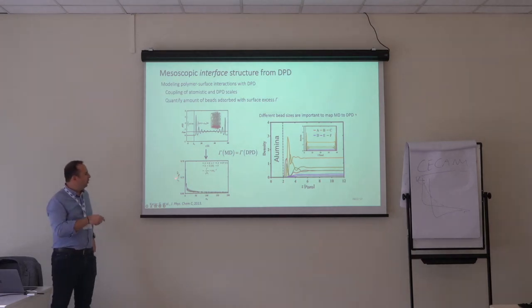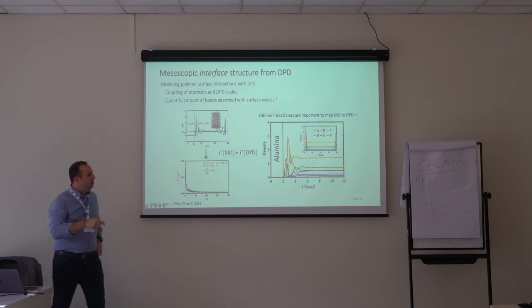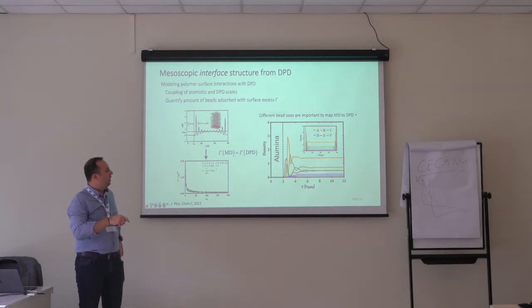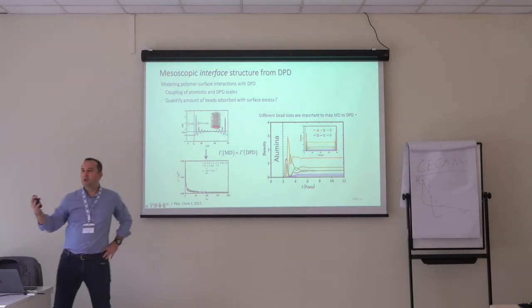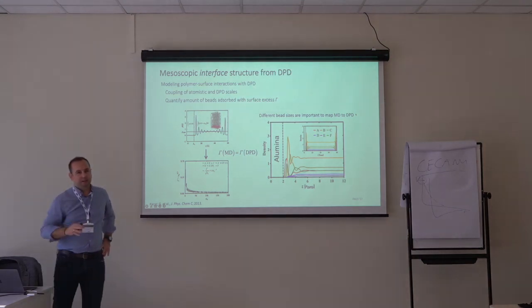That means if you know your surface excess from molecular simulations, you can read off your DPD interaction between that particular monomer and the surface. I'm emphasizing the monomer because we are not considering the whole chain, but instead computing the DPD interaction of the monomer with respect to the alumina surface. So that is there.